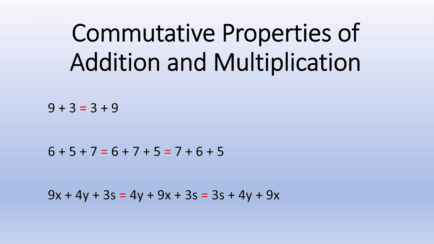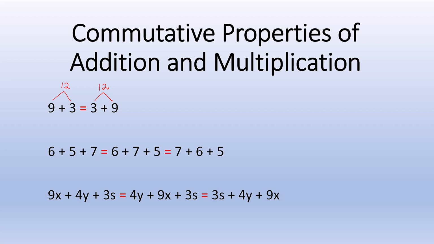For example, 9 plus 3 is the same thing as 3 plus 9. It doesn't matter which position the number finds itself. In this particular example, 9 plus 3 would give us 12, and 3 plus 9 would also give us 12. So the answer is unchanged.